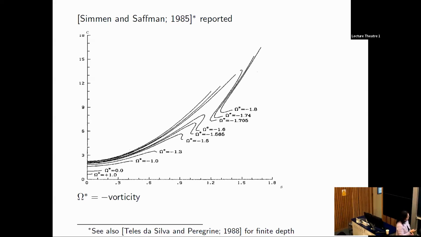And if the vorticity is even larger, the solution curve breaks up into two pieces and creates a gap. By the way, Simmen and Saffman called this profile a fold. So you're supposed to see two new features, fold and gap. I'm going to explain what's happening at the fold and the gap later using our result.